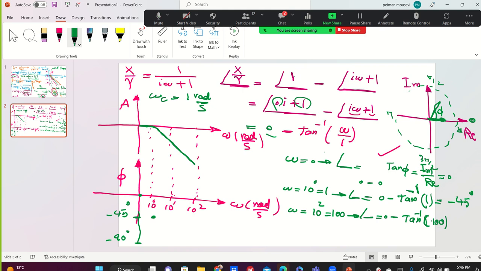Or let me go even bigger. Yeah, 100. It is almost 90. That's right, from trigonometry. It's going to be minus 90. Here we go. So this is going to be the phase angle of the Bode plot, starting from 0 and going to minus 90.